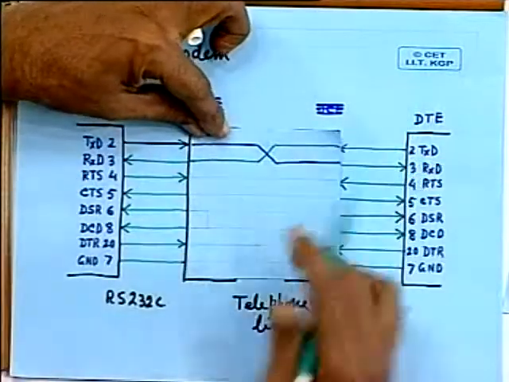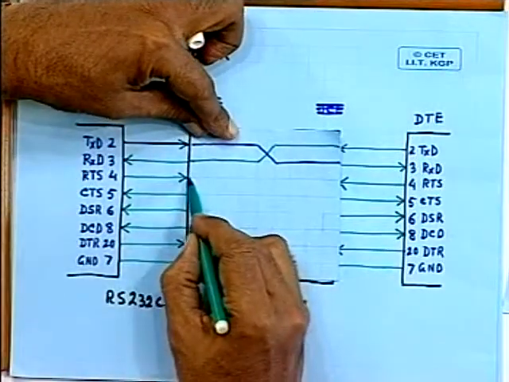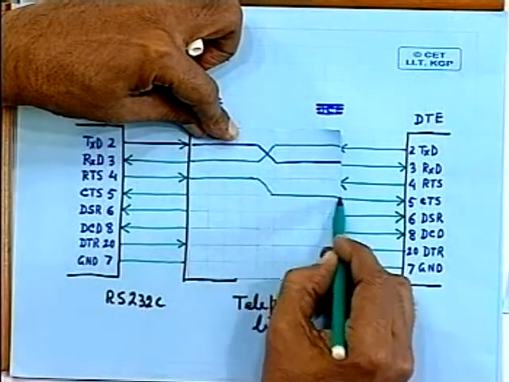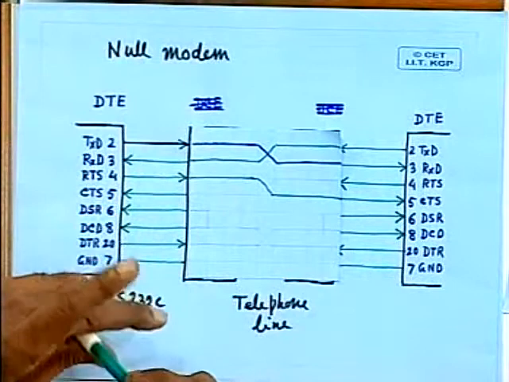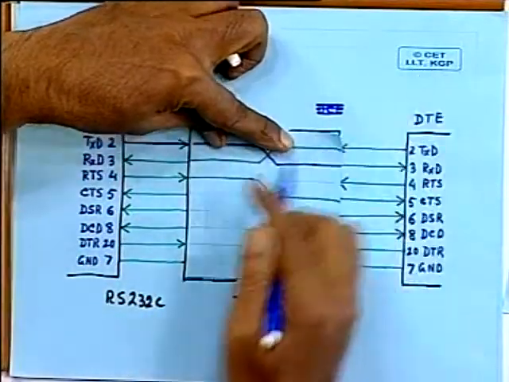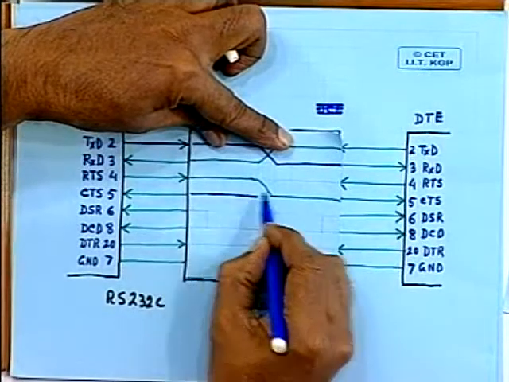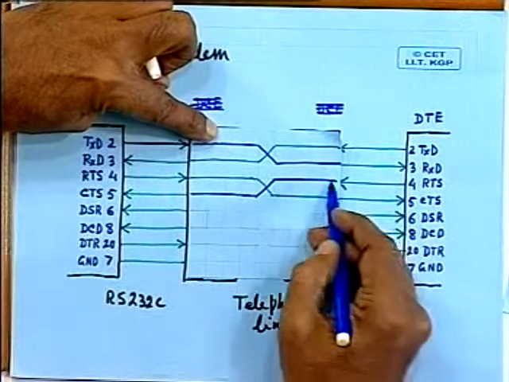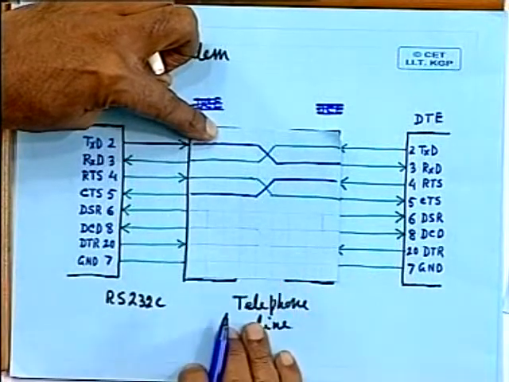In a similar manner, the RTS also is swapped. It goes to the CTS, and the RTS of the other side computer is also connected to CTS of this computer. So RTS is connected to CTS.